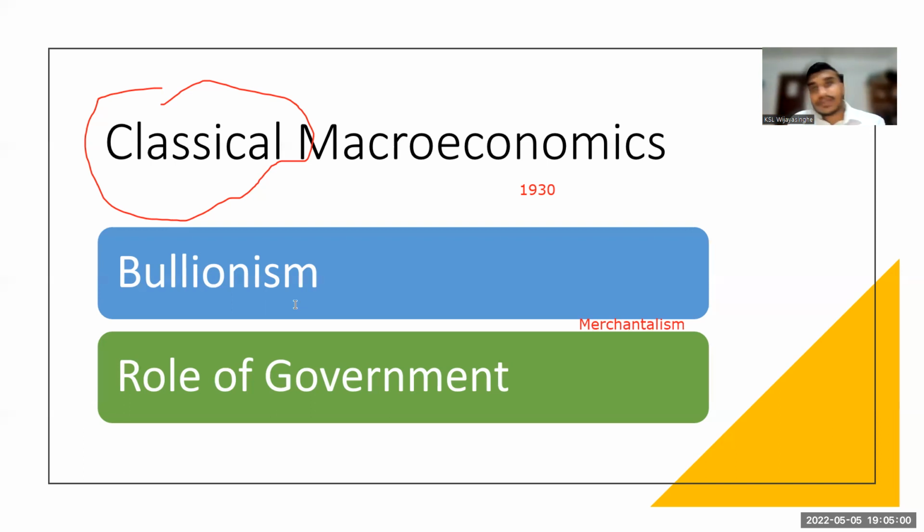So they built up colonies. They invaded other countries, and from those countries they either stole or took all the precious metal back into their motherlands.